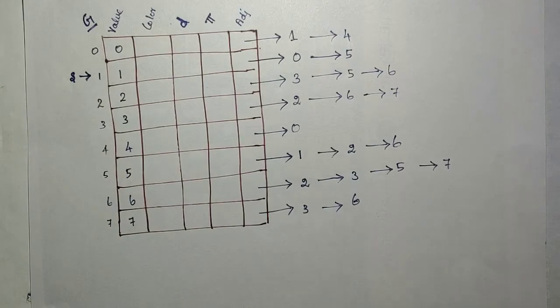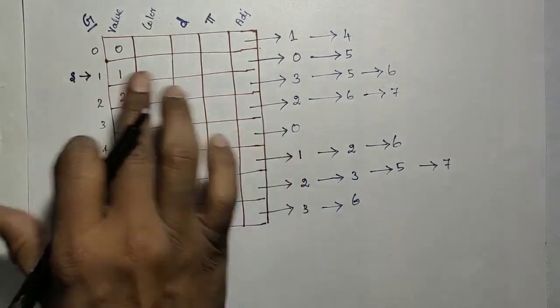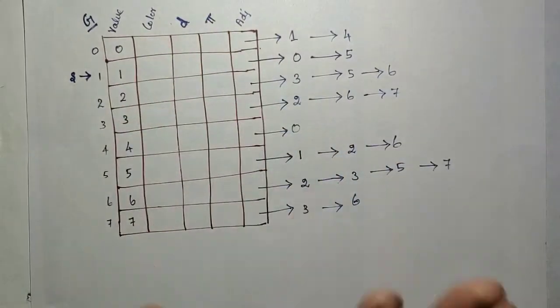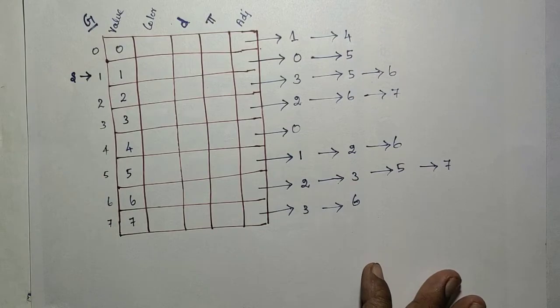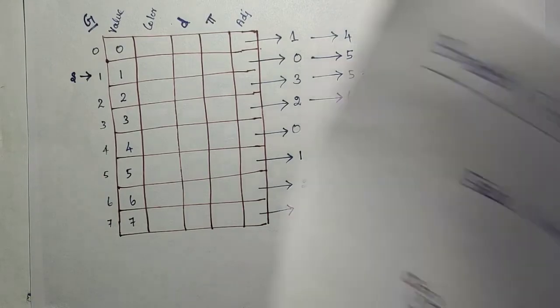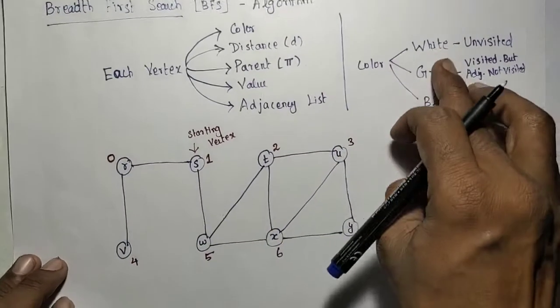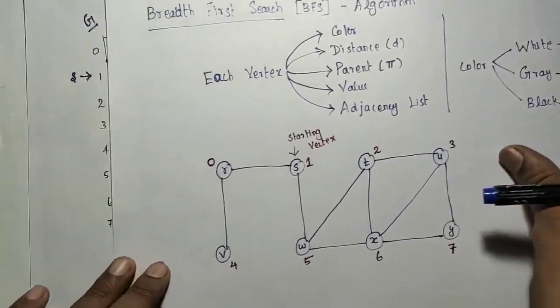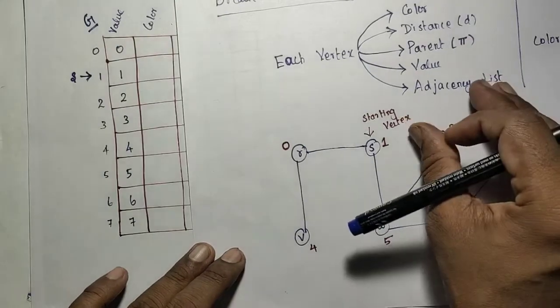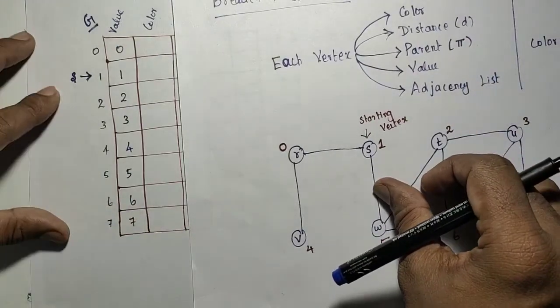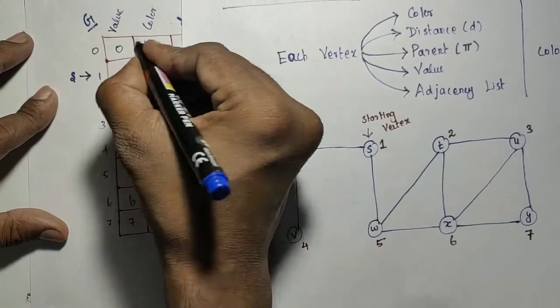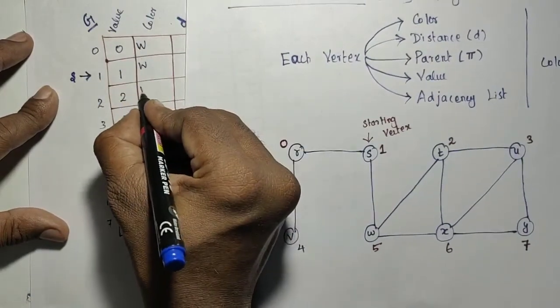Otherwise, we can include the starting node also. Simply fill all the fields with the default value. The first is color. Color means 3 colors: white, gray, black. Unvisited means white, so the initial value for the color is unvisited, and all the colors will be marked as white.